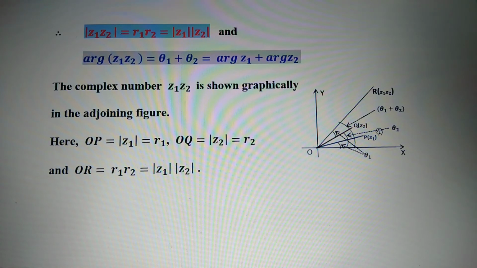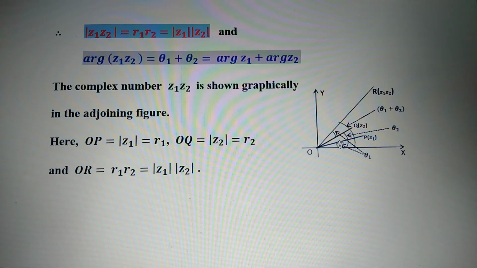So here this point P represents the complex number z1 and this point Q represents the complex number z2. Now the amplitude or argument of z1, that is theta 1, means the angle made by this OP with OX.